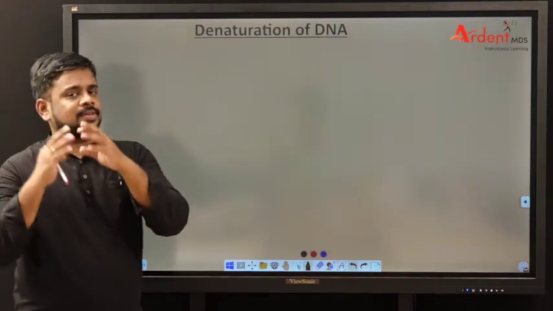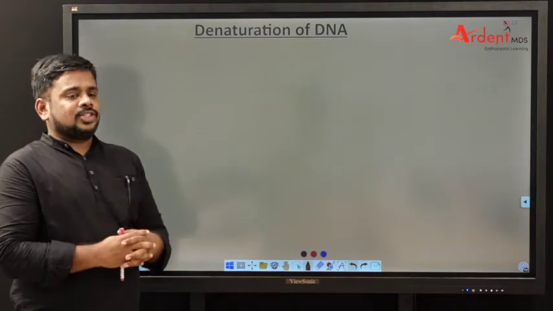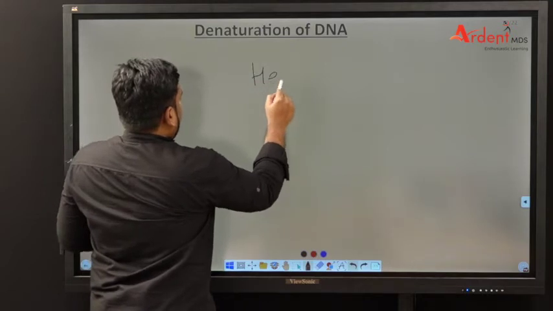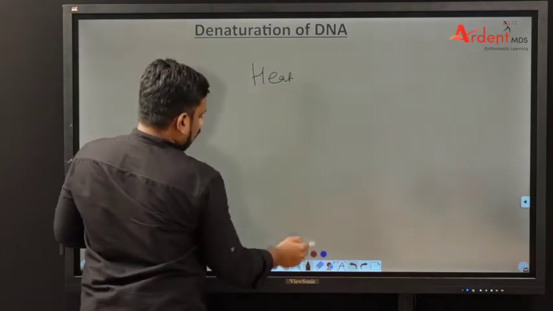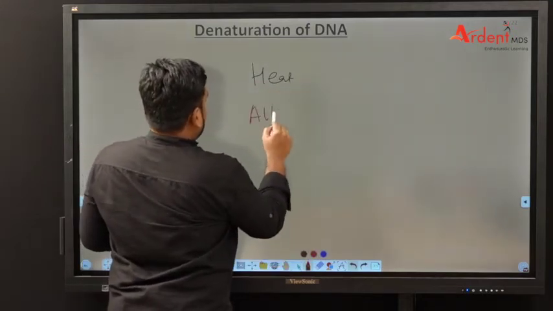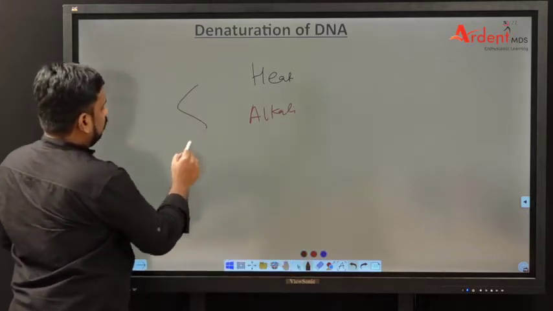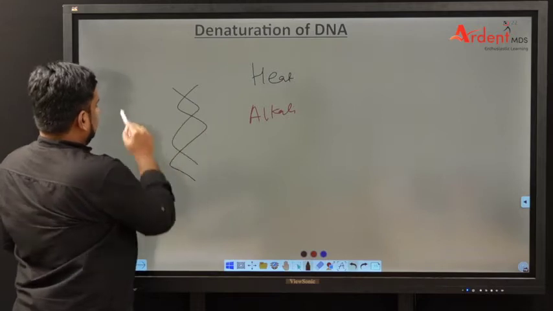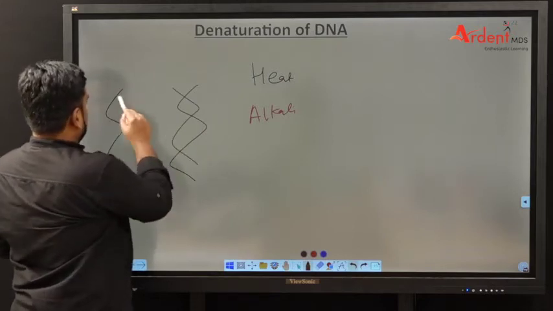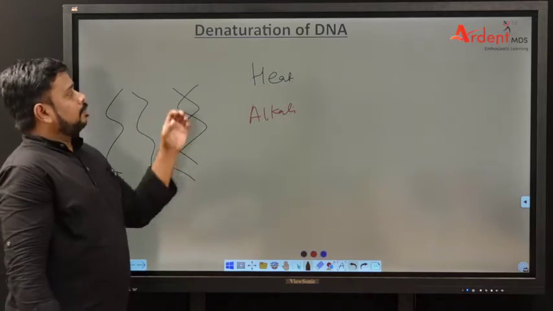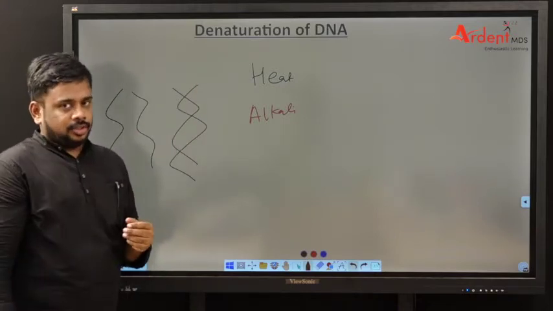And the last step is about what is called denaturation. By using heat or some chemical like alkali, you cause the separation of the double helix into single strands by a process called denaturation.